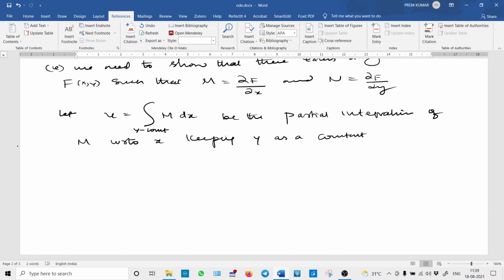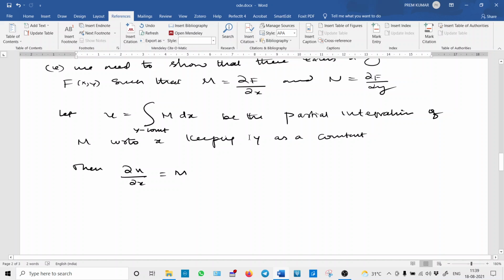Then, if u equals integration of M with respect to x, then if you differentiate u partially with respect to x, you will get M naturally. So now we differentiated this, and from this we get this step.